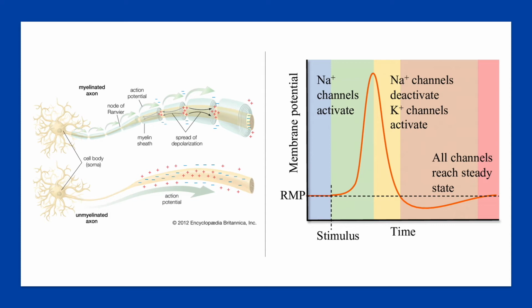And so you'll get a process which is known as saltatory conduction, where the electrical impulse jumps between these nodes and doesn't have to travel through all the myelinated sections of insulated neuron. This, again, further speeds up the transmission, and is why the nervous system is one of the fastest ways for the body to send impulses around the body and make sure it controls all different parts of it.